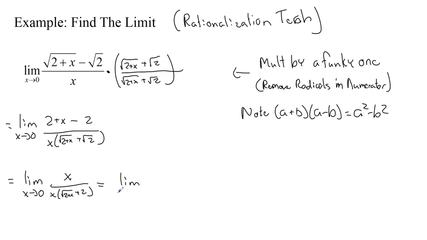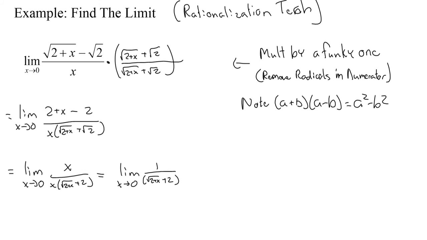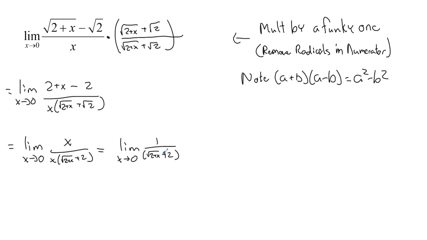The limit as x goes to 0 of 1 over square root 2 plus x plus 2. And you might be saying, well, hey, Mr. McCulley, I still have an x in the denominator, but this x in the denominator does not cause, oh, made a mistake, sorry. I lost the square root, so I need a square root there. Sorry about that.